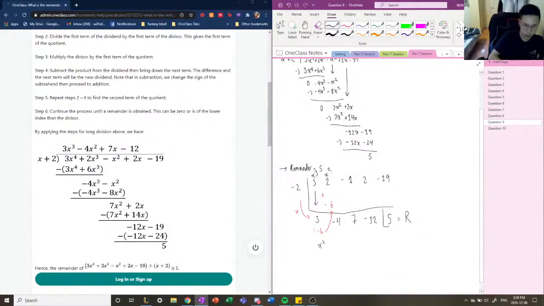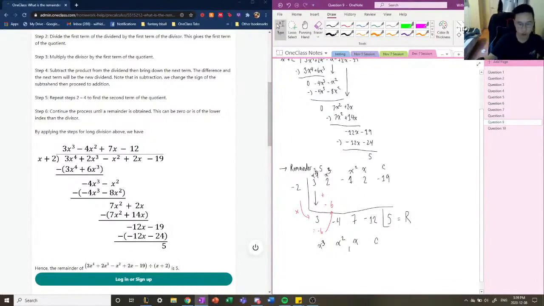So this is x squared, this is x, and this is the constant coefficient. The original polynomial is x to the power 4, x cubed, x squared, x, and the constant. Then the quotient is x cubed, x squared, x, and the coefficient itself. Okay, so that's how you read it.